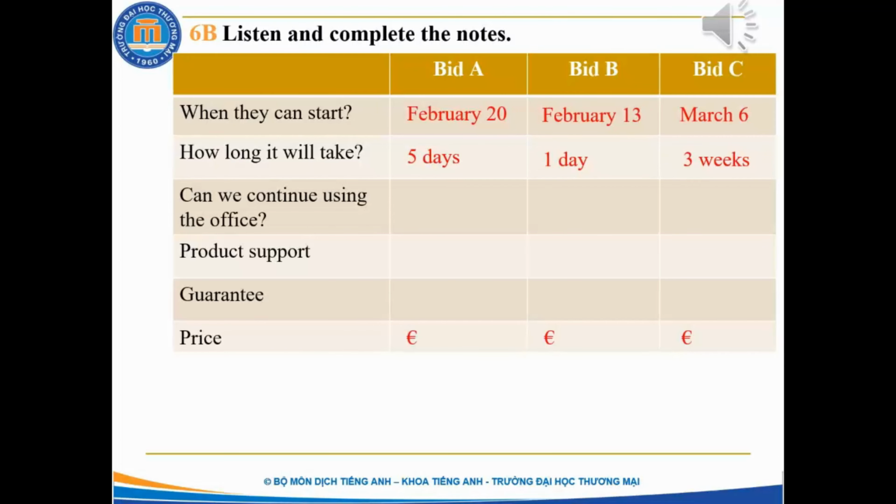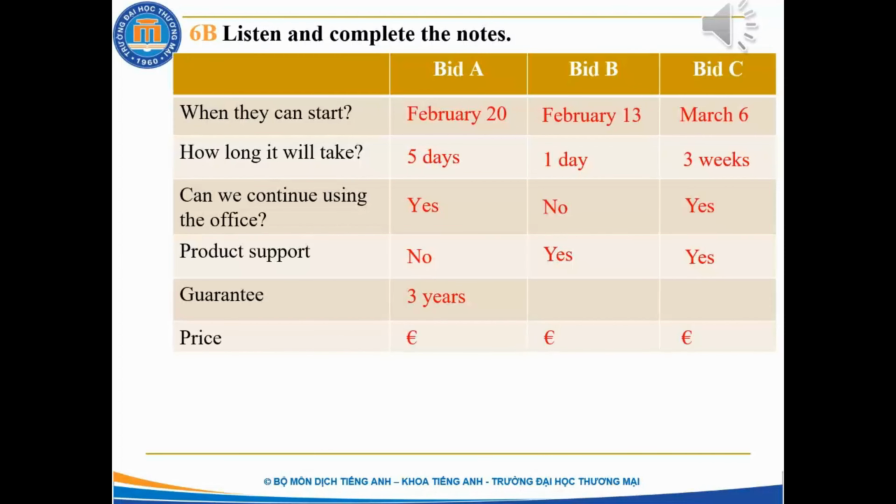And what about continuing working in the office? So for bid A, yes. For bid B, no. We need to leave the office empty for them so they can work. And for bid C, yes, we can continue working in the office. For product support, so for bid A, no support. Bid B, yes, and bid C, yes.